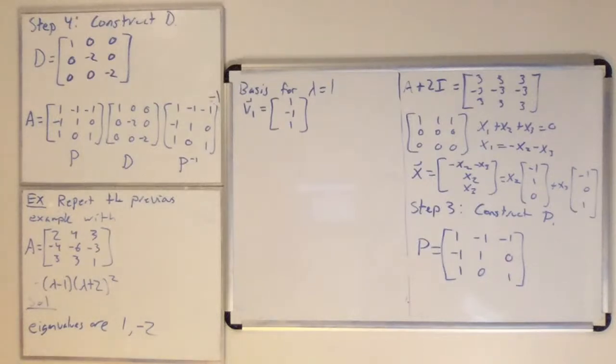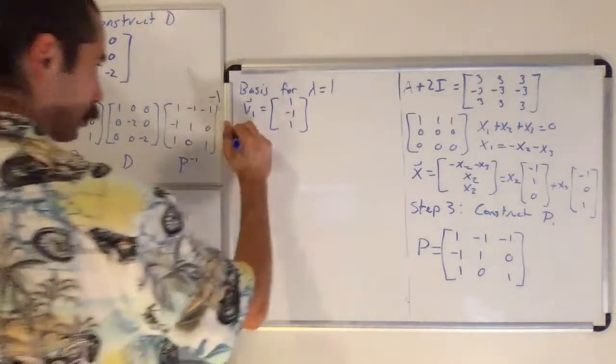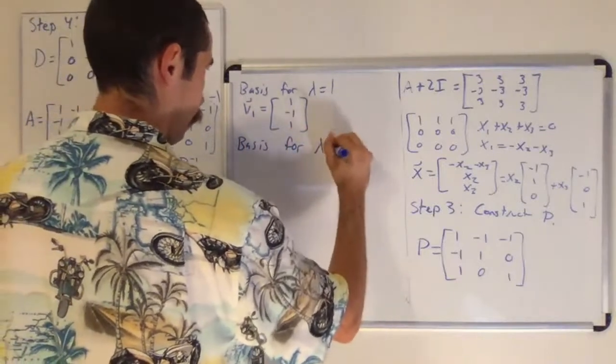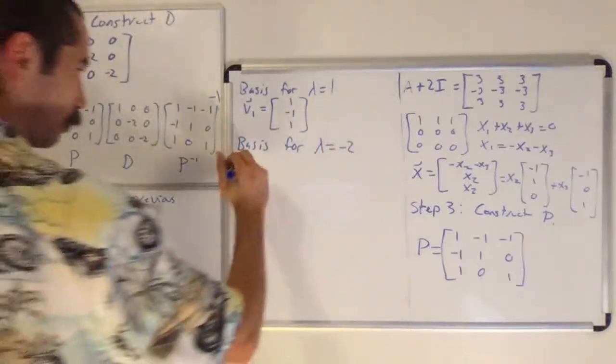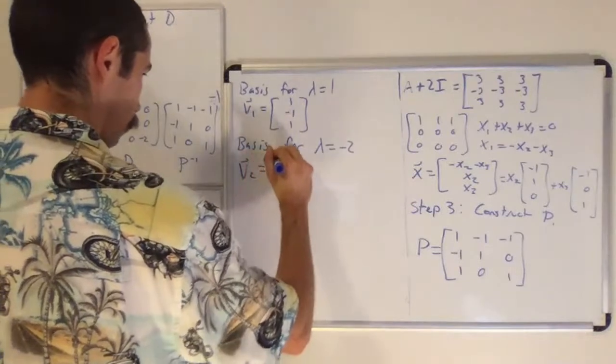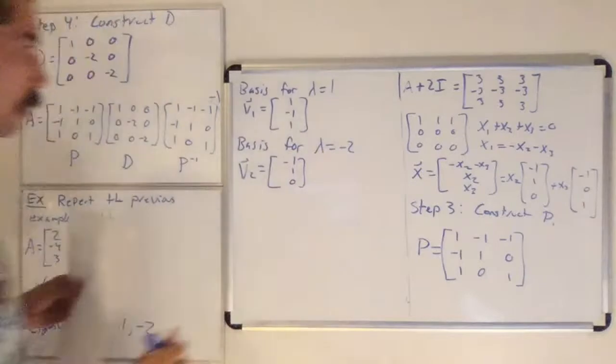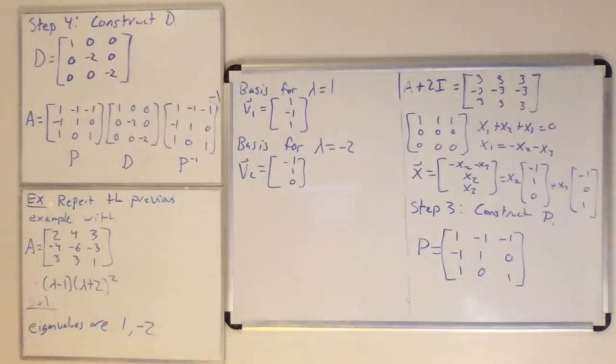You just go through the same steps, look at A minus 1I, and find the null space for that. And a basis for the eigenspace when lambda equals -2 is the vector (-1, 1, 0). So what can we conclude?